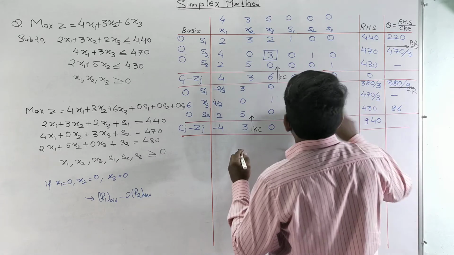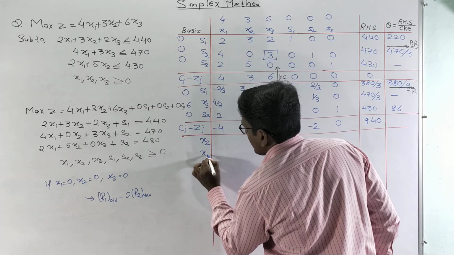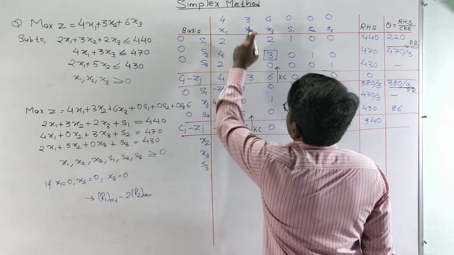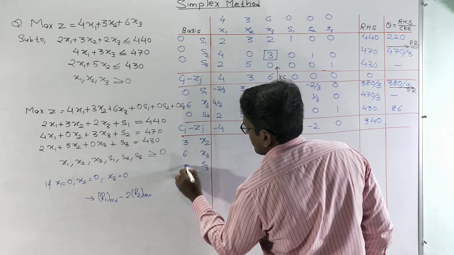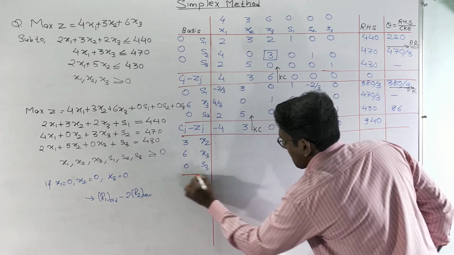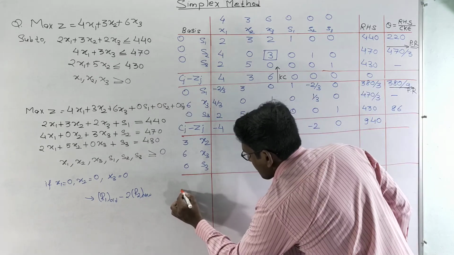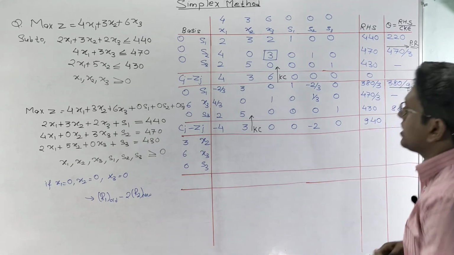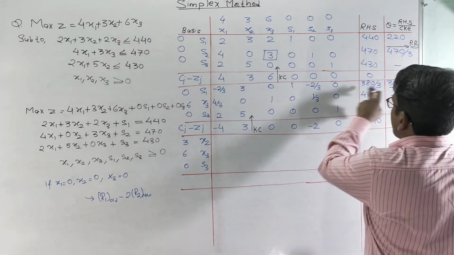Now x2 will replace s1, and the remaining variables will be as they are. So the coefficient of x2 is 3, x3 is 6, and s3 is 0.